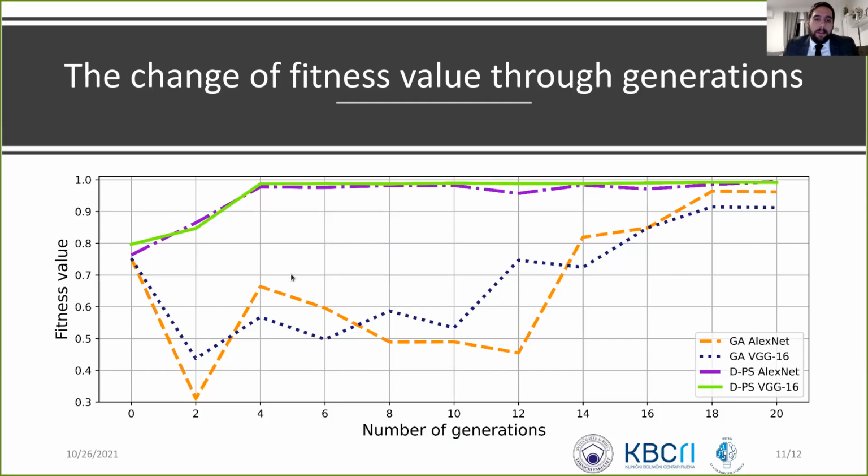So from this figure, we can conclude that by using the discrete particle swarm algorithm, high classification and generalization performances are achieved for both CNN architectures after only 4 generations, pointing towards the conclusion that this approach converges faster than the approach based on the genetic algorithm.